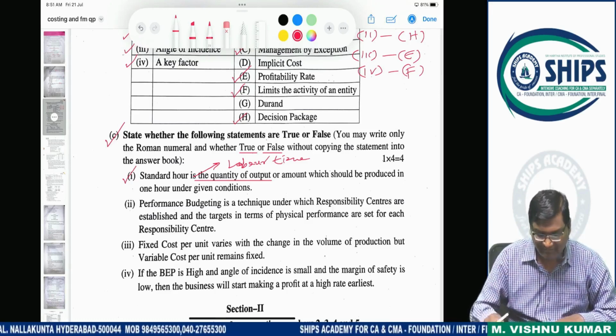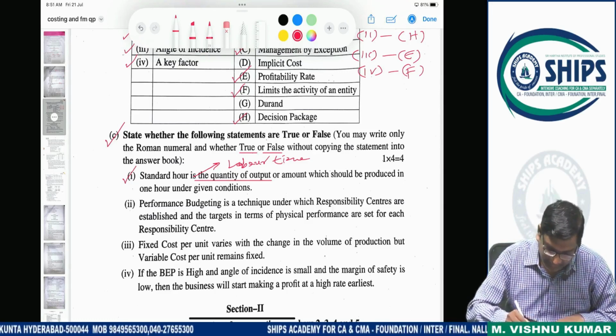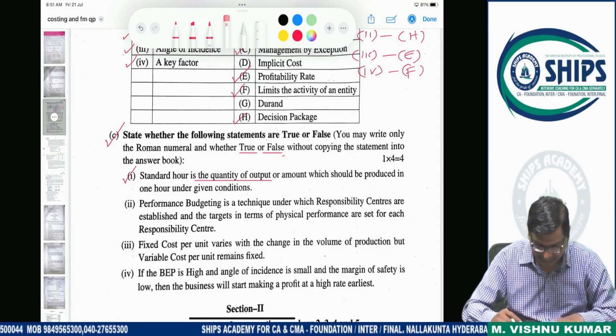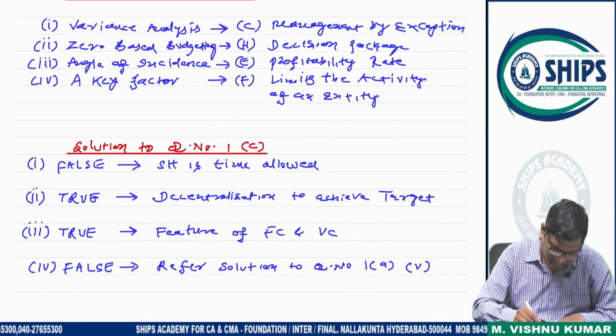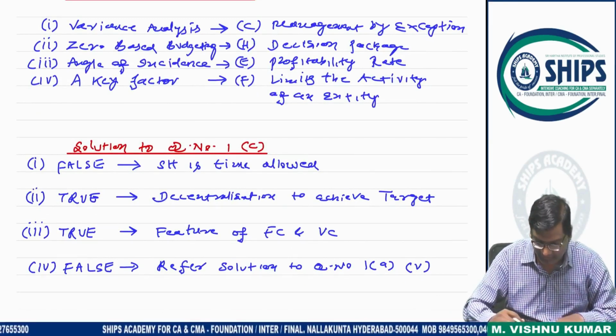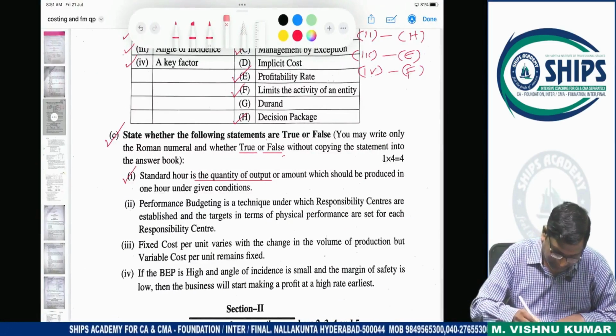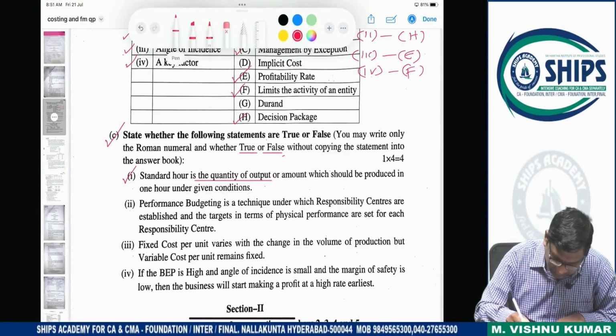So this is not the quantity, this is the labor time. So the statement is not correct, this is false. The standard hour is time allowed. This is not related to quantity. This is false.